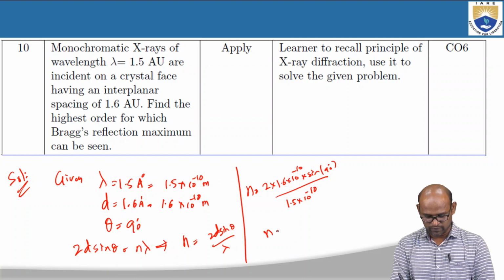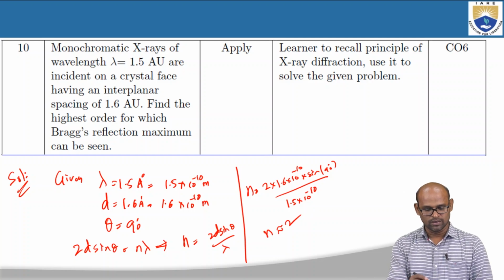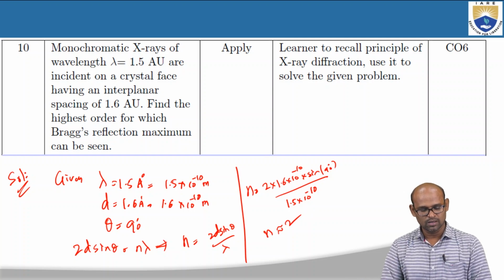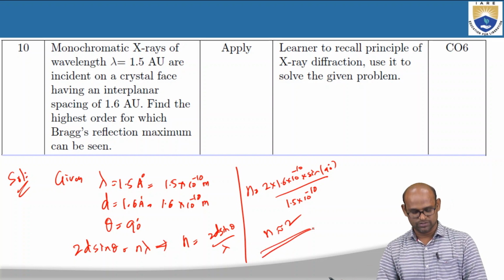So we will get n as actually 2 point some value, but we are going to approximately take it as second order. So second order diffraction occurs for these X-rays of given wavelength and interplanar spacing.